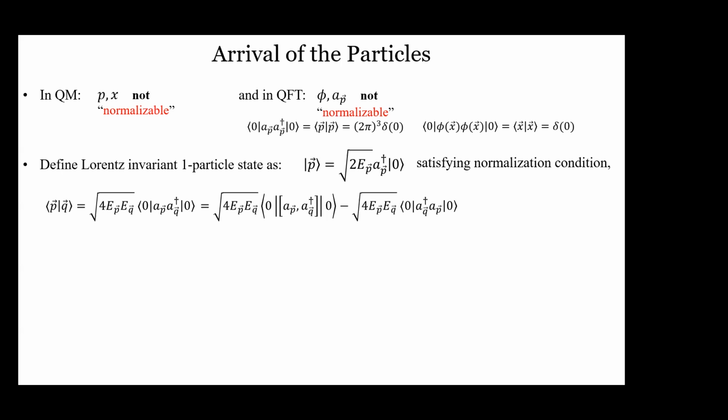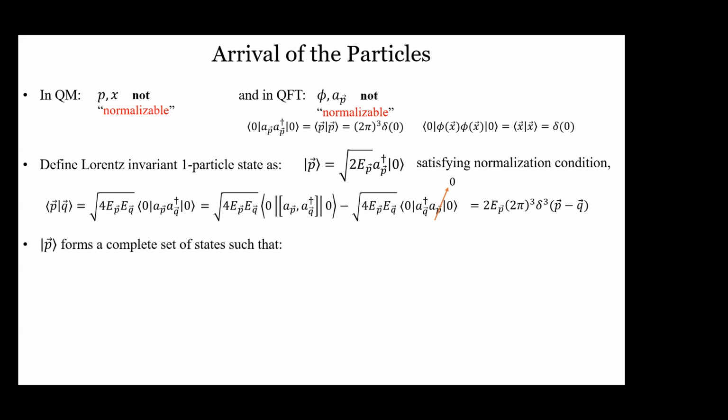You realize this term right here mixes up annihilation operators. What happens when you annihilate the ground state? You get 0. You don't get anything below 0. That's the lower limit, right? So this term completely goes away. All you're left with is this term. We already know what the commutation relationship is. So this comes out to be the normalization of P and Q.